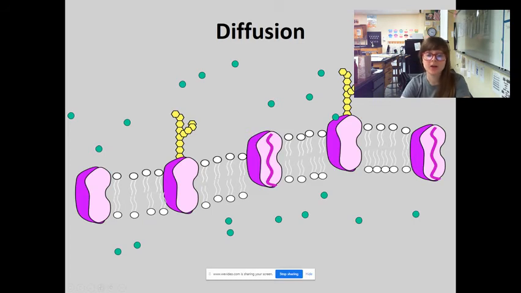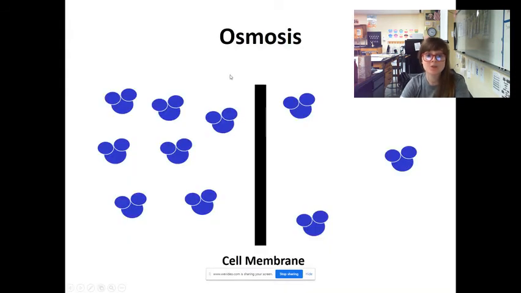Okay, so now let's move on to our next kind of passive transport. So next we have osmosis. So here I have my water molecules. I have a high concentration over here on the left and a low concentration here on the right. And this big black line represents my cell membrane. And so again, diffusion was the movement of molecules from high to low concentration.